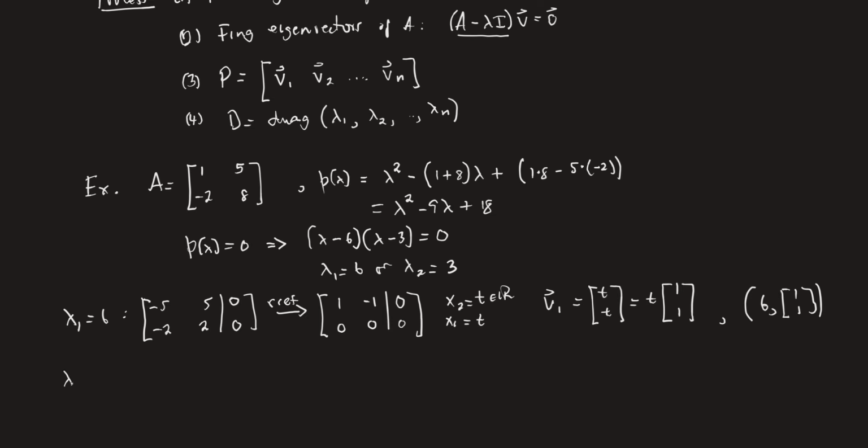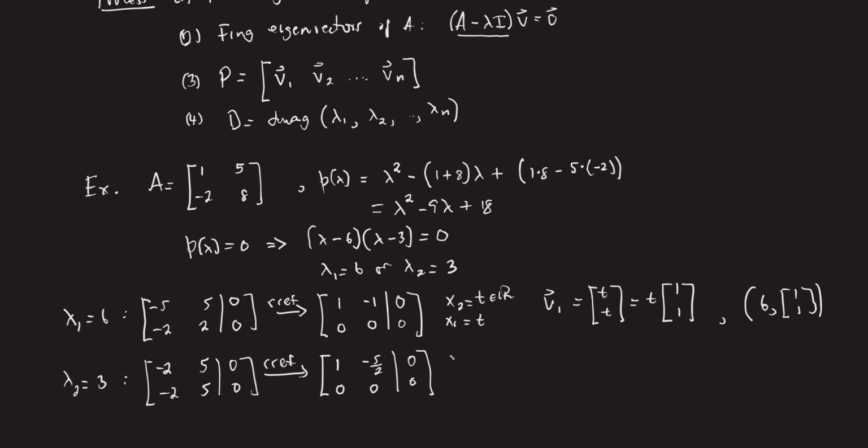Let's do this now when lambda is equal to 3. So now we're going to subtract 3 from the entries on the main diagonal. That gives us negative 2, 5, negative 2, 5. Again, if you just love working with RREF, and who doesn't love working with RREF, we end up having 1, negative 5 halves, 0, and then 0, 0, 0.